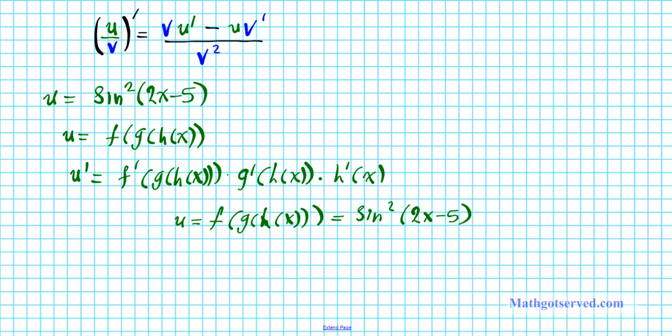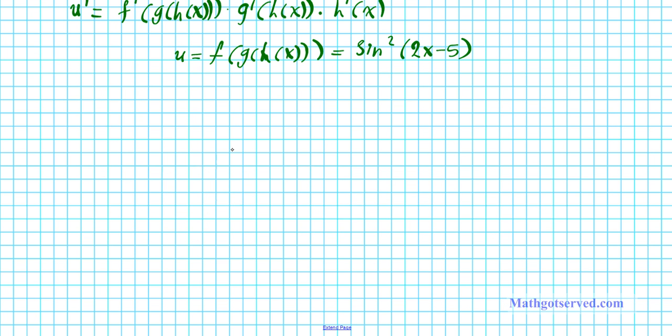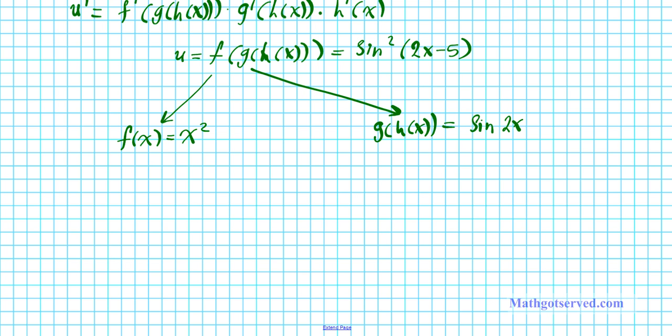Let's decompose this function. We start by taking out the f, so f of x is x squared. Then g of h of x is going to be sine of 2x minus 5. We can see how this function results from the composition of these two.